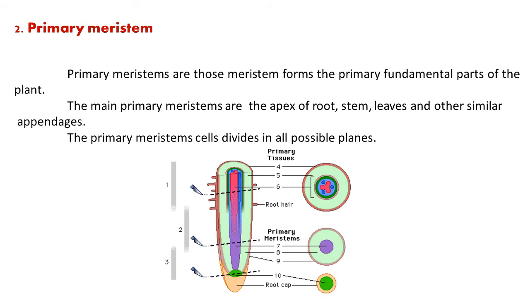This is the diagrammatic representation of primary meristem. Primary tissues, root hairs, primary meristem.